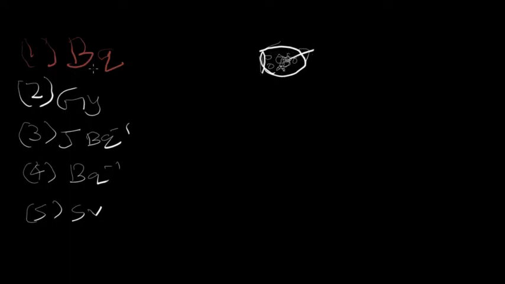Let me use another color so that it's much more colorful to you. It tends to emit some kind of radiation to lose its energy and mass. That's what we call radioactivity.